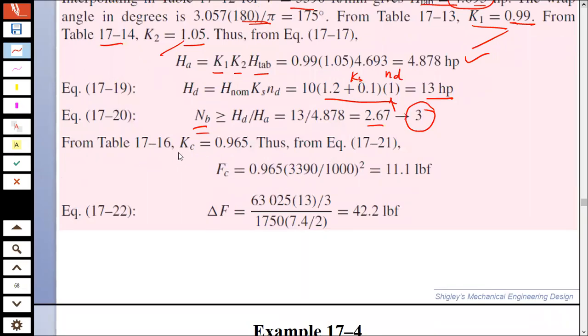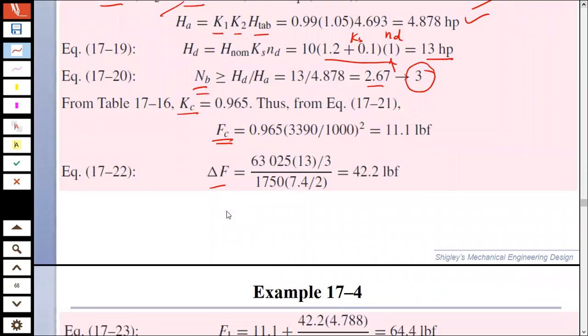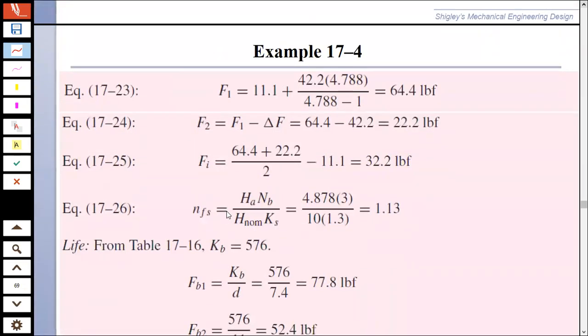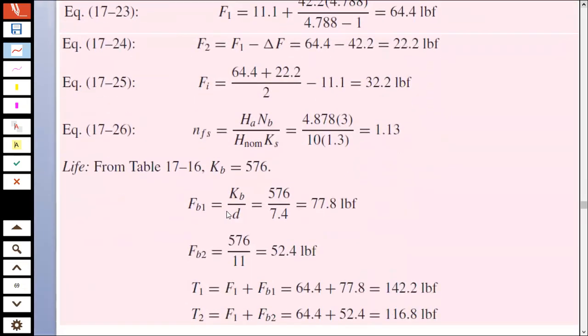From table you find your Kc and then your Fc, delta F. ठीक है जी, the difference between the two tensions. Go ahead and find your F1, F2, Fi the same way as we did for the flat belts. And F यहाँ पे आपने 3 डालना है because your Ha is 3 times now because there are 3 belts used.